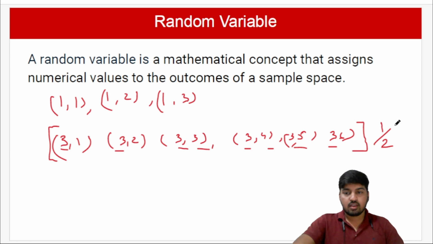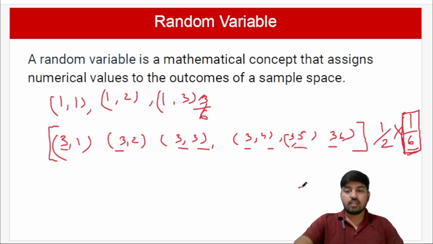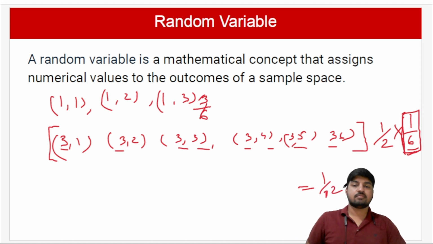Are you getting my point? This is 6 in total, so 3 out of 6. And the probability of the first die getting 3 is 1 by 6. First die is 3. That part is here. So we will get 1 by 12 here.